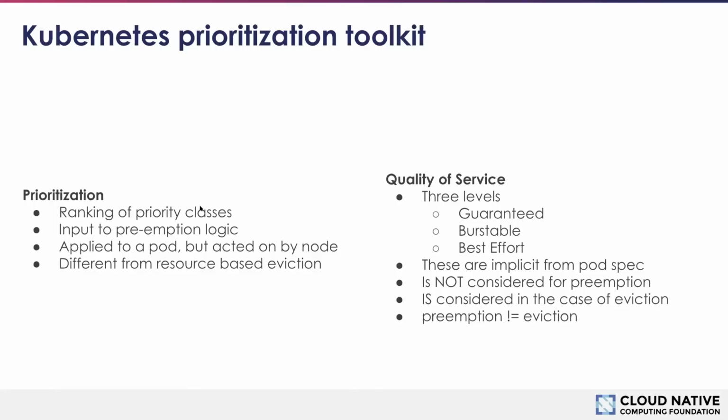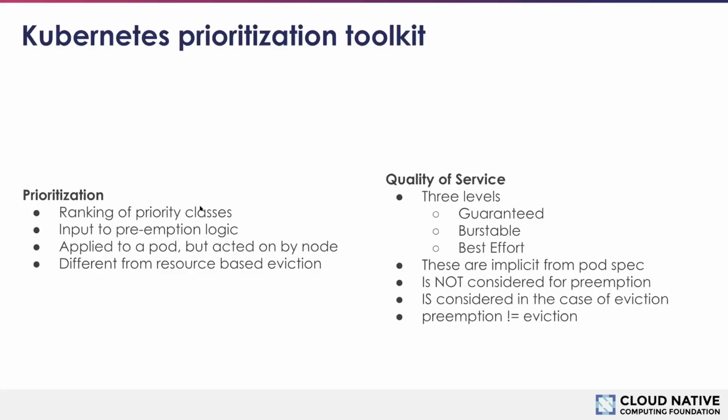And when the pod has a priority, and when it goes to the scheduler to be scheduled on a certain node, if it can't be scheduled, some of the less priority workloads will be preempted or evicted from that node, in order to allow us to schedule more priority workloads.